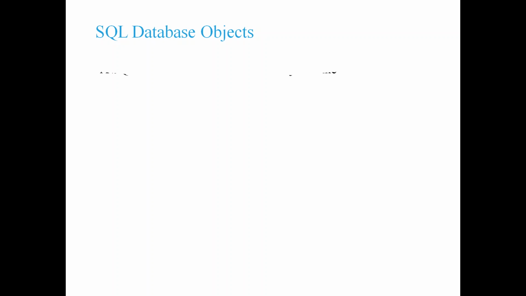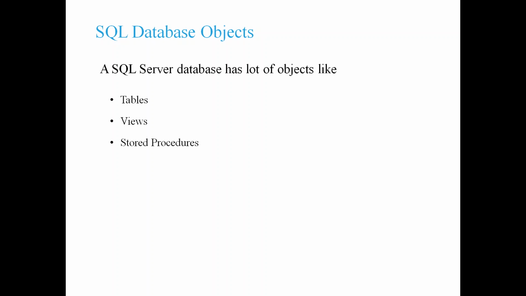The database objects are things like tables, views, stored procedures, functions, then rules, defaults, cursors, triggers. All these objects you can see under databases. In your Management Studio, if you expand any database, you see all these objects listed under it. Usually developers will create these tables.